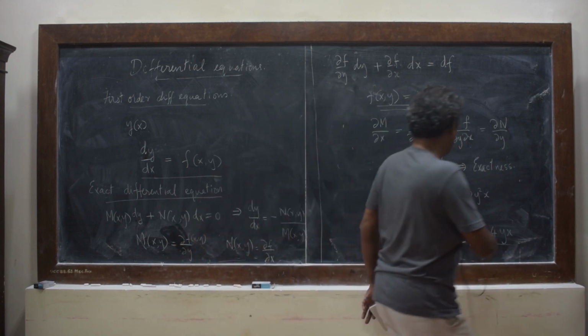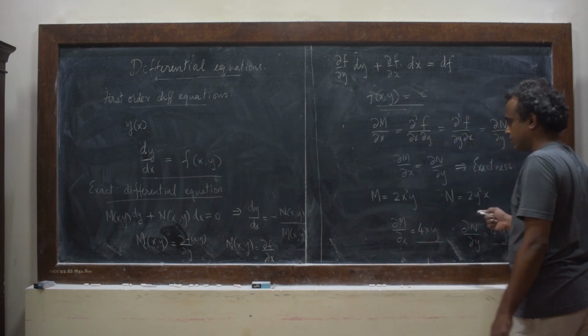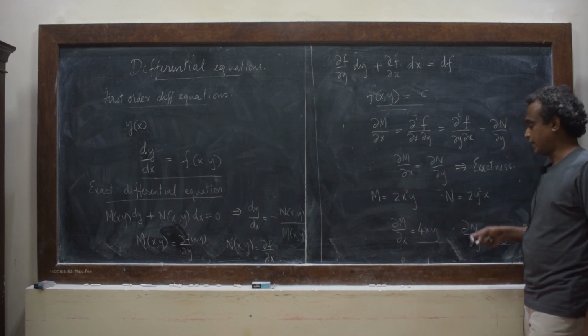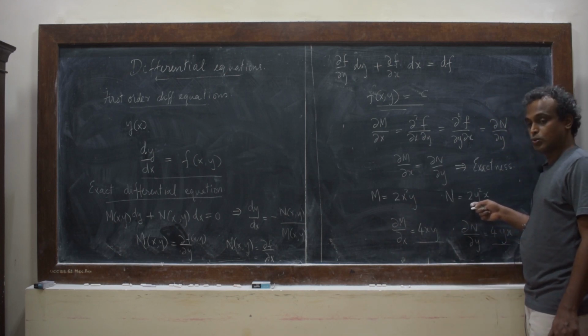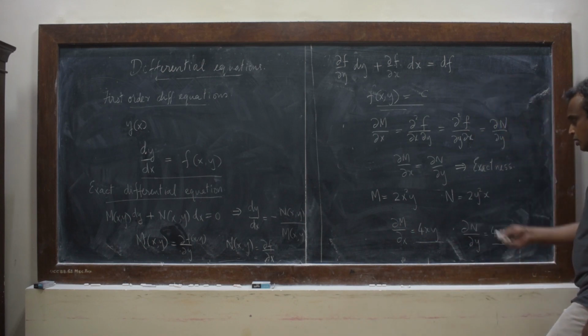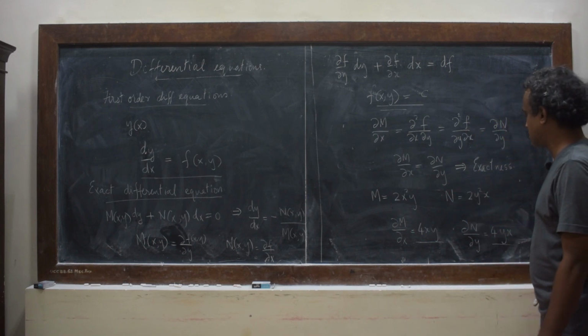We identify the differential equation in which m is 2x square y and n is 2y square x to be an exact differential equation, and the solution to that is also easily seen.